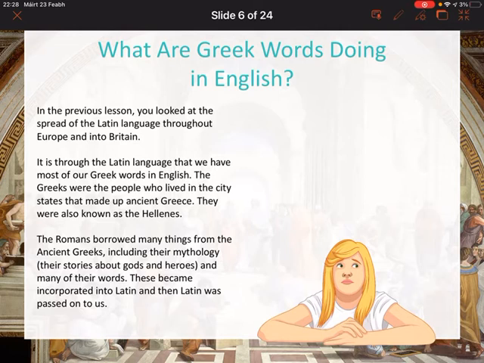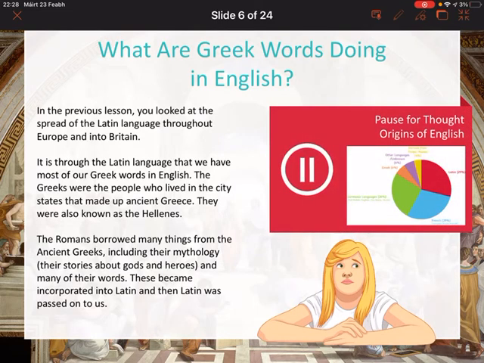The Greeks were people who lived in the city-states that made up ancient Greece. They were also known as the Hellenes in Greek. The Romans borrowed many things from the ancient Greeks, including their mythology, their stories about gods and heroes, and many of their words. These became incorporated into Latin, and then Latin was passed on to us in English.